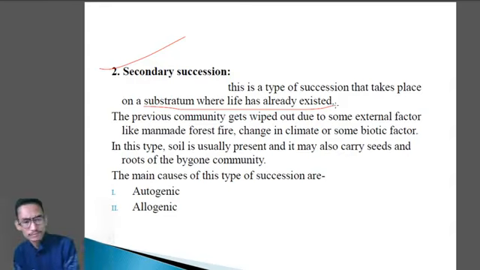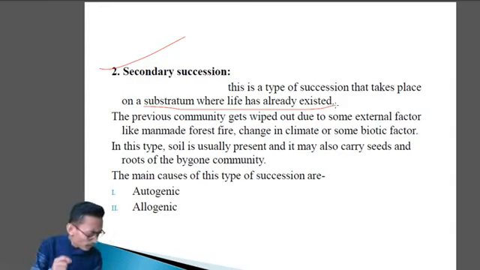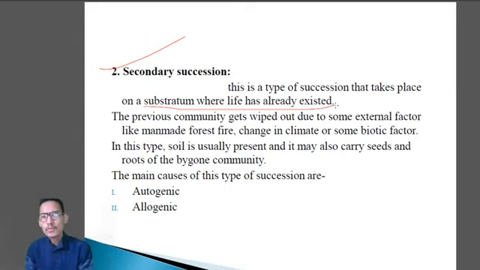Clear? Now, the previous community gets wiped out due to an external factor like a man-made forest fire, a change in climatic conditions, or some other biotic factor. So the life that was already there has been wiped out, has become extinct or has been removed due to an external factor.